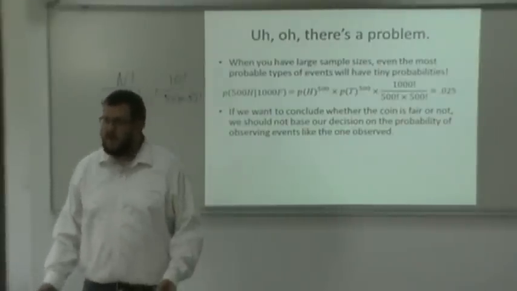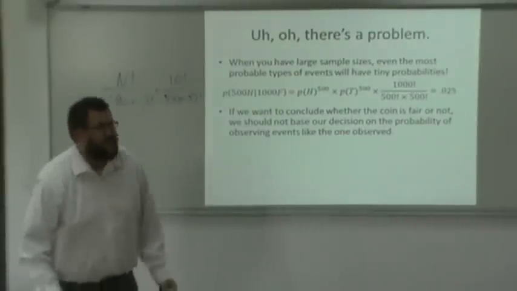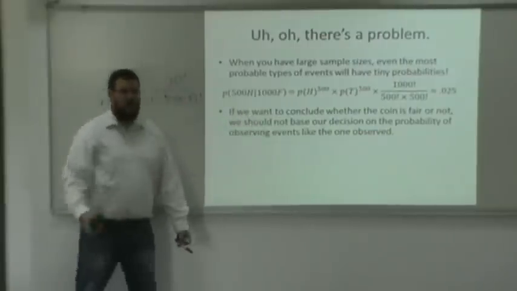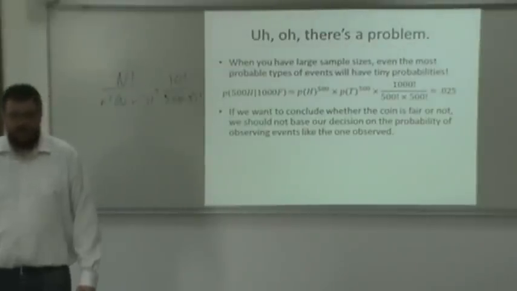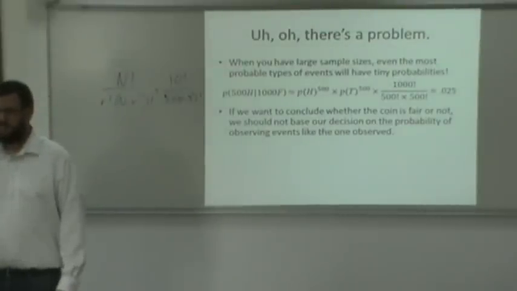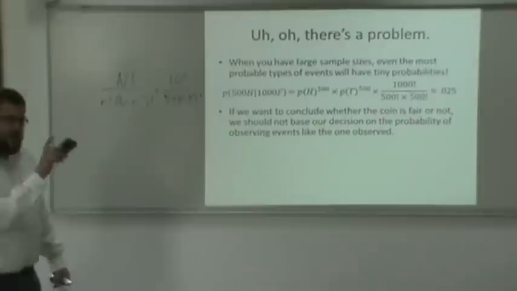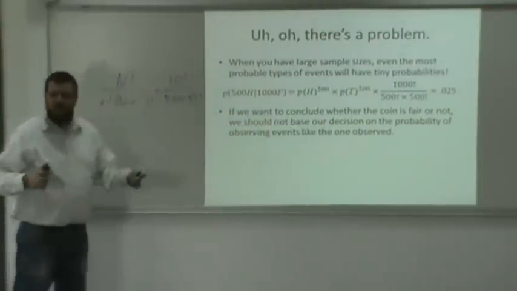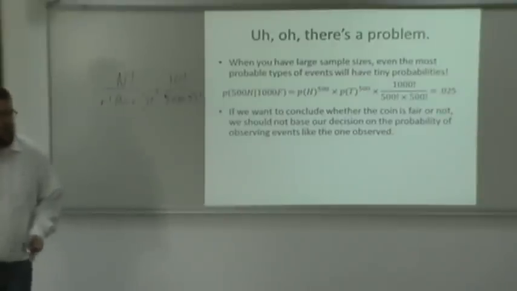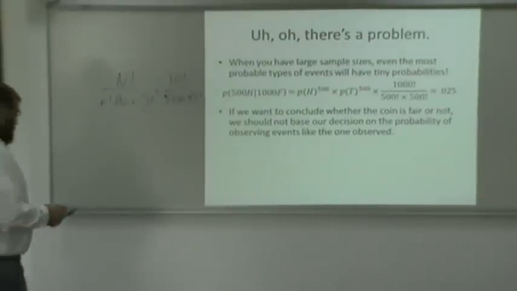So probably the coin's not fair. If you got this, even though the probability is low, probably that coin is fair, right? So this must not be a good decision rule, just figuring out the probability of events like the one that we saw. Well, this sucks.